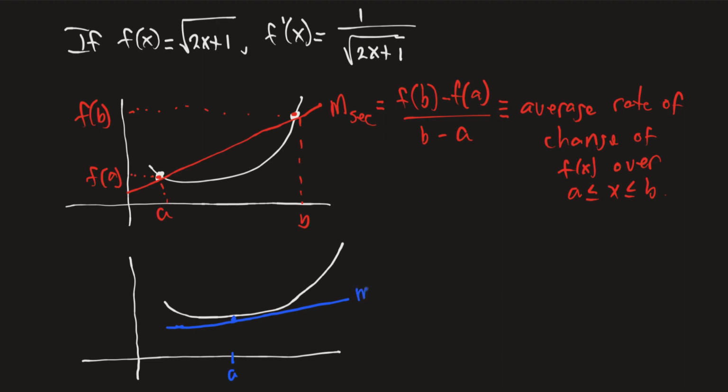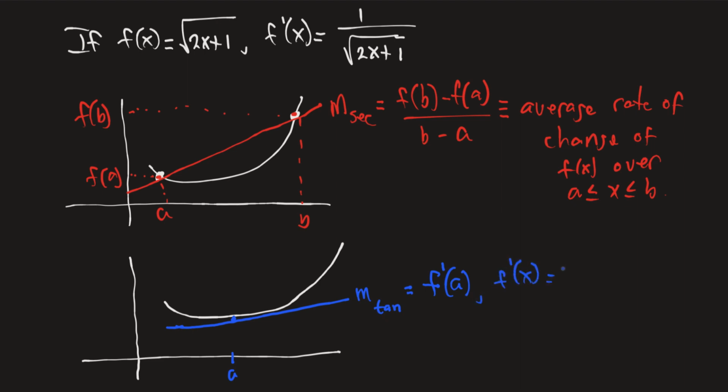So the slope of the tangent line, using all the notation that we've introduced, would now be f prime of A. And let me remind you what f prime of x is.